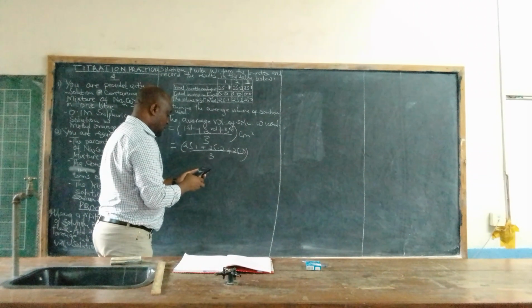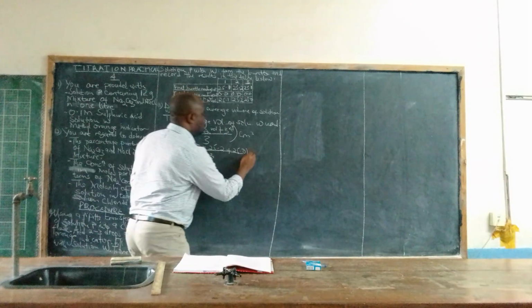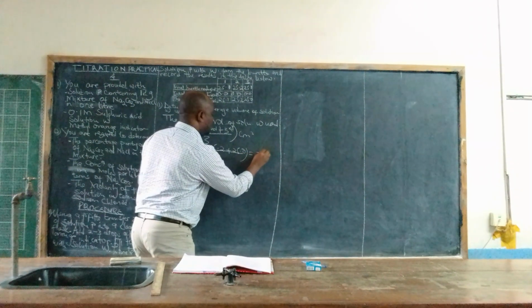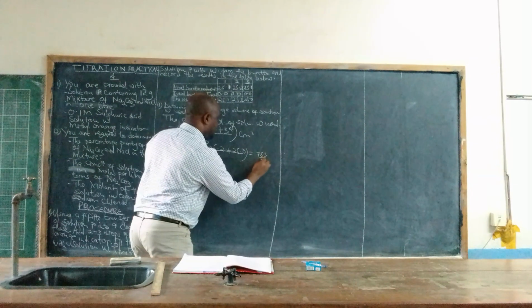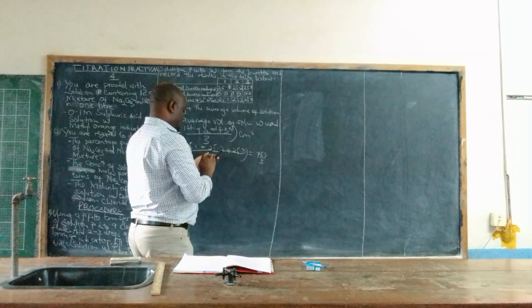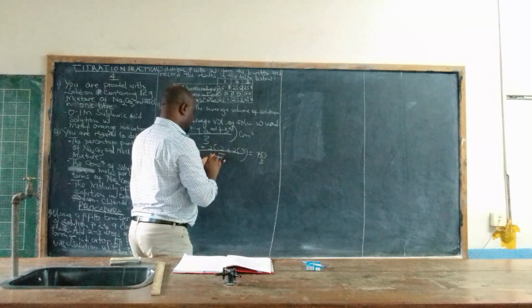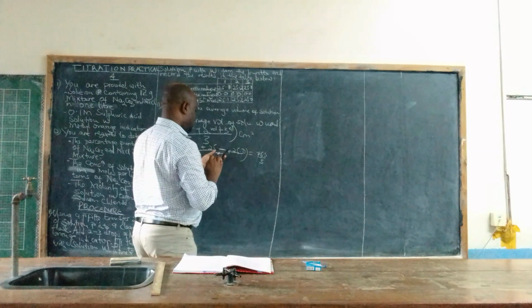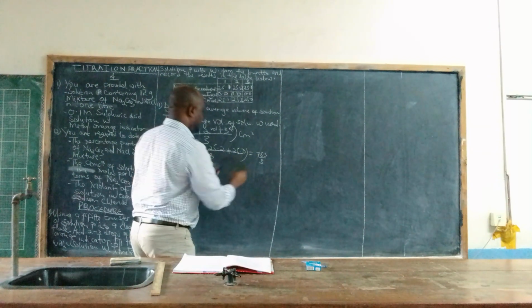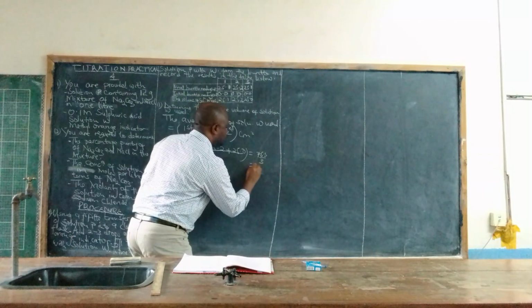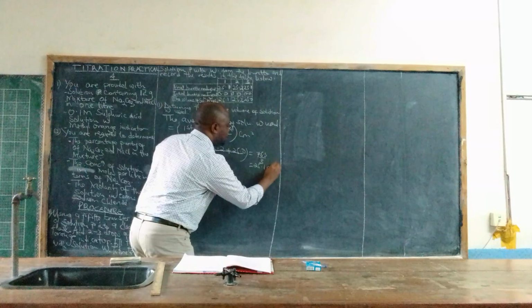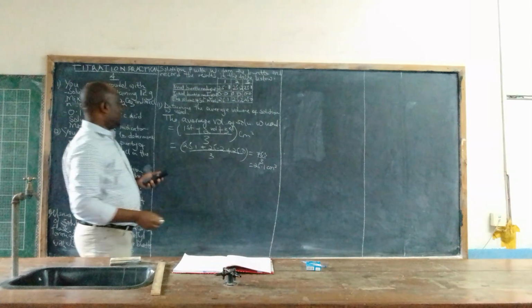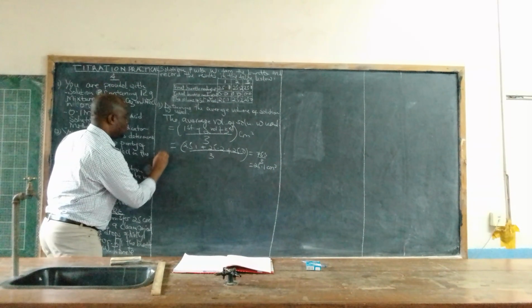The answer that we are getting is 75.3 divided by 3. So we are going to divide this by 3, which gives our average volume as 25.1 cubic centimeters.